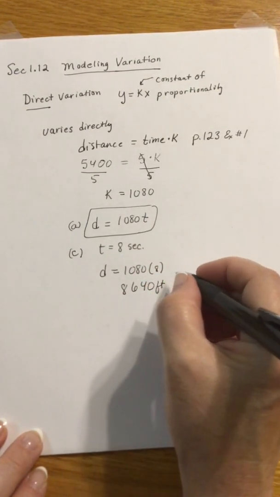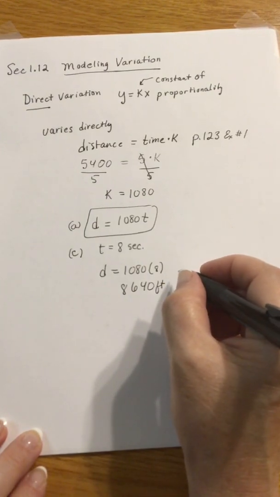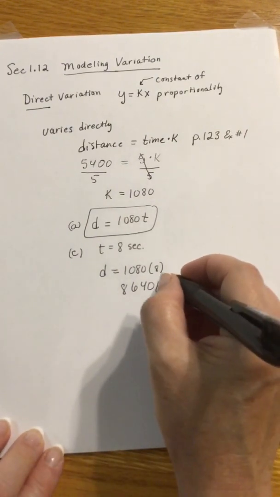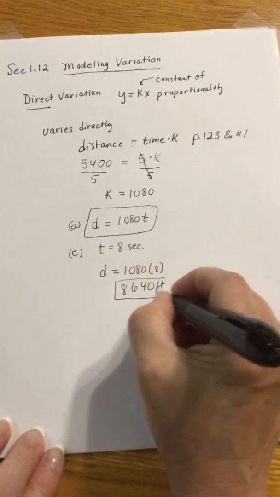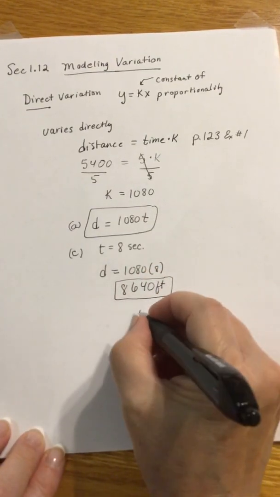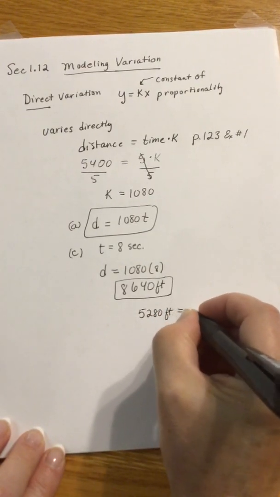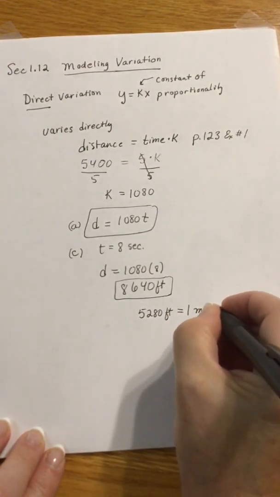Now, if we wanted that in terms of miles, the first one was in terms of feet, so we have it in terms of feet. But if we wanted it in terms of miles, what would we have to do to find the number of miles? Well, this is the distance in feet. We know that there's 5,280 feet in 1 mile.